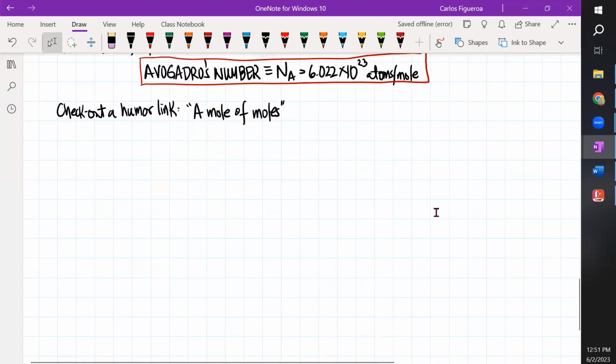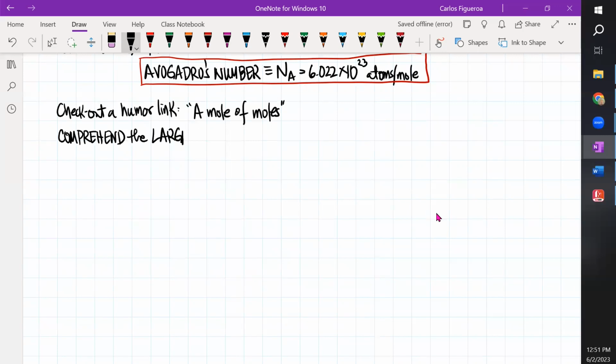So now let's get down to trying to understand here. What we want to do is comprehend the largeness of Avogadro's number.